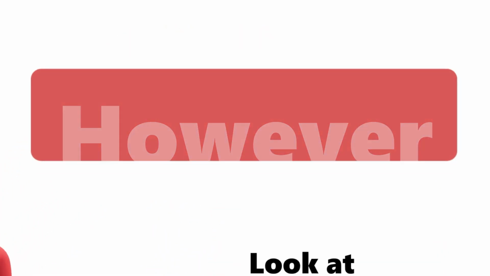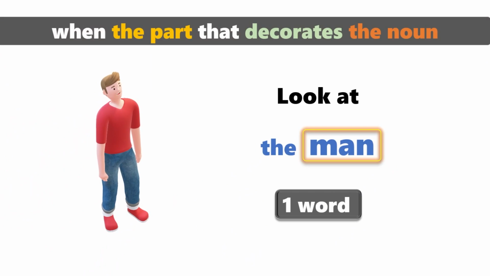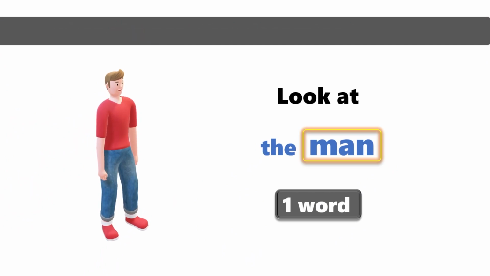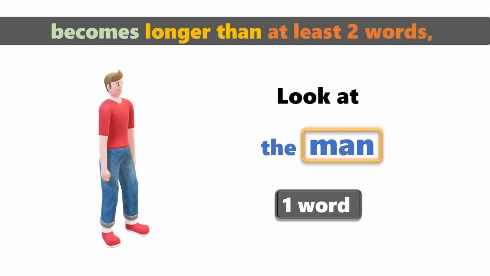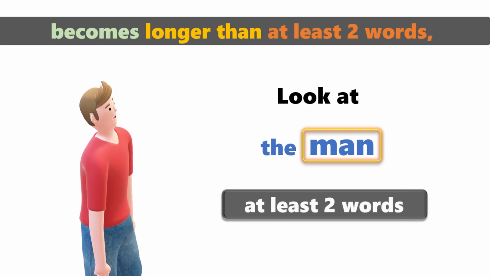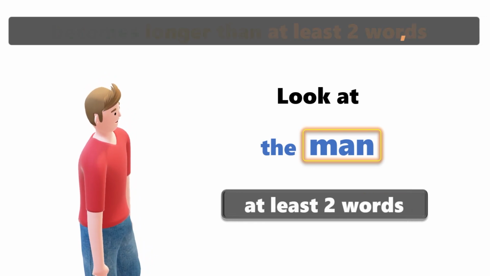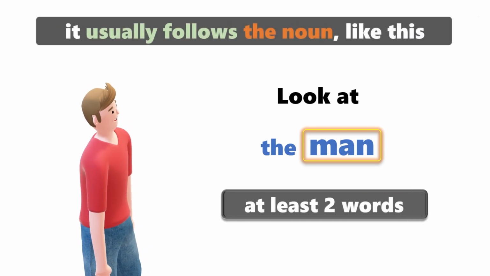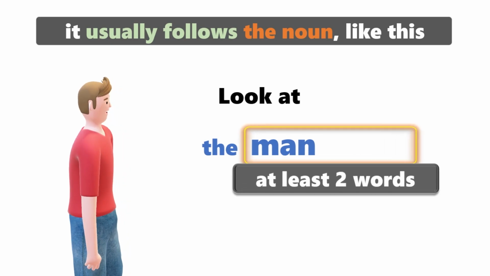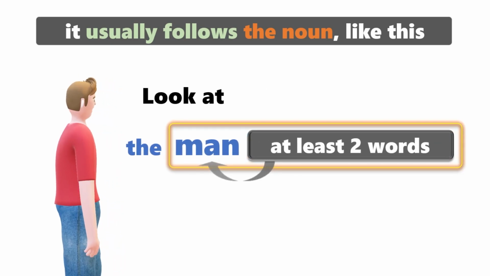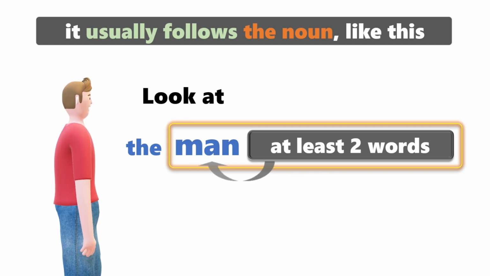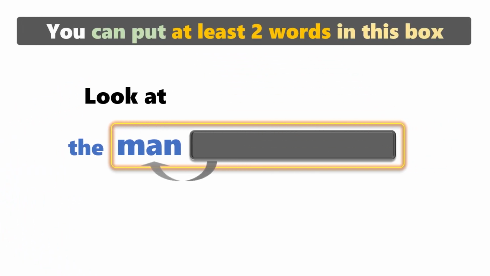However, when the part that decorates the noun becomes longer than at least two words, not one word, but at least two words, it usually follows the noun like this. Look at the man, at least two words. You can put at least two words in this box.